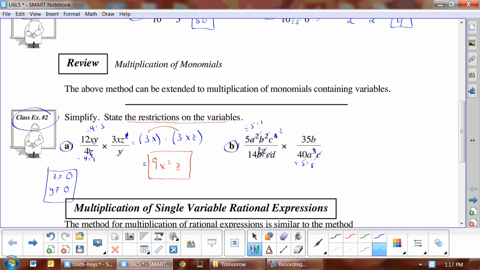Okay, so Kelsey just asked, and I'm going to wait until everyone's listening. Pardon? Yeah. So another thing you could do, like I said, if you take something out of the top, you have to take it out of the bottom. So if you chose to, you could have kept this 5 here and divided by 5 here instead. So it's kind of like Josh was saying earlier about how you could take the B from 2 different places.